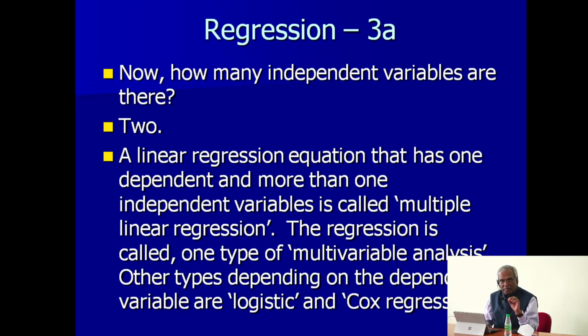It all depends on the dependent variable. If the dependent variable is continuous, then the regression you use is called multiple linear regression, if there are multiple independent variables. If your outcome variable is dichotomous, or two category, then the independent variable can be continuous or dichotomous, doesn't matter.